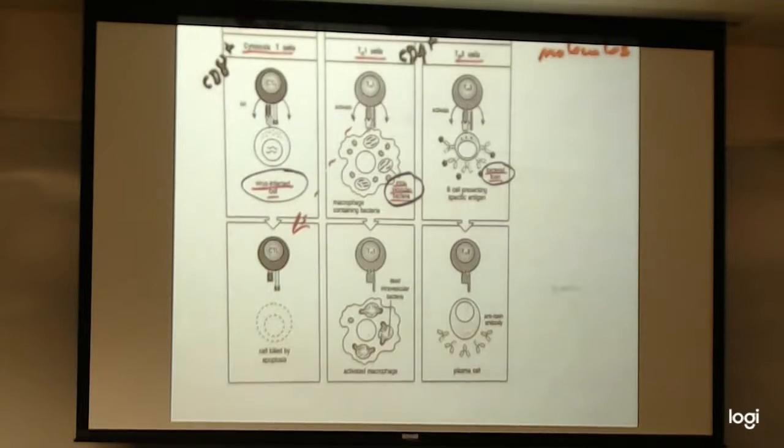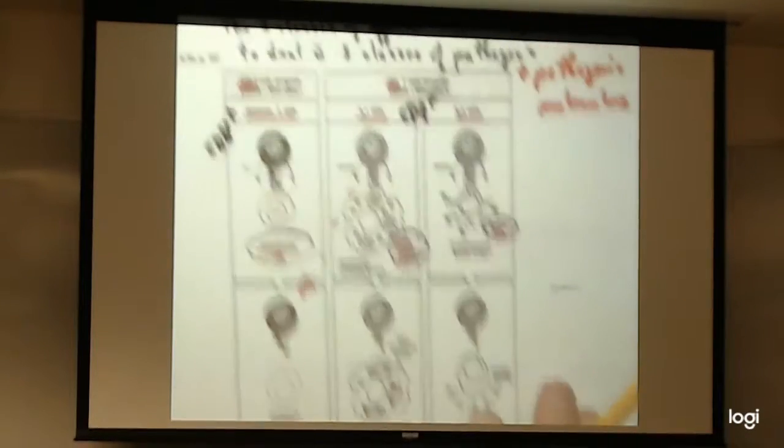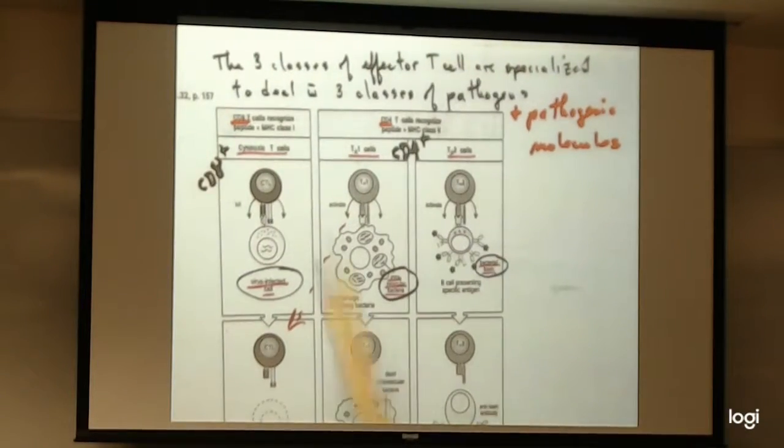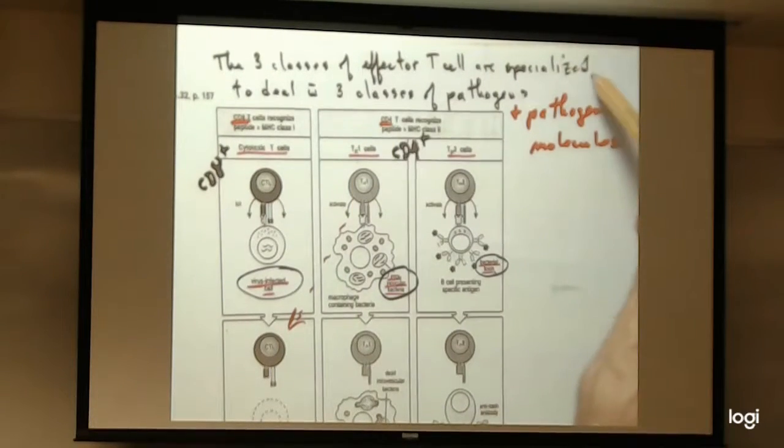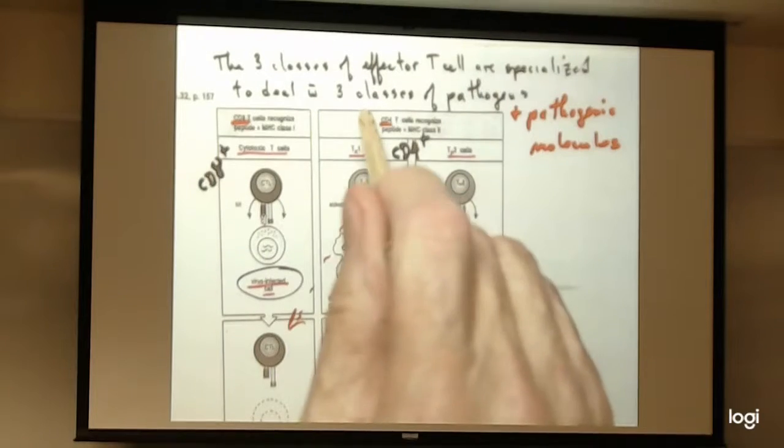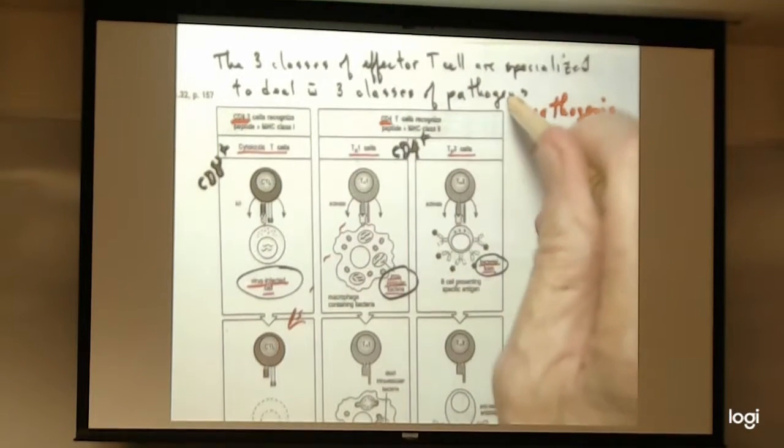Okay. And we'll conclude here, and we'll knock off for this afternoon with this little summary slide. It says the 3 classes of effector T cells are more or less specialized to deal with 3 classes of pathogens.